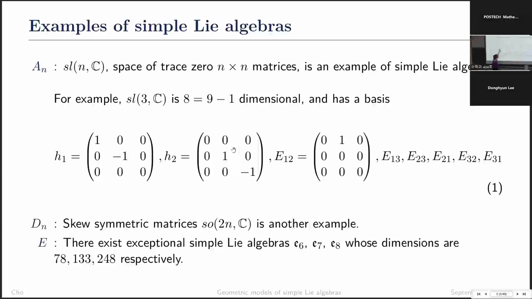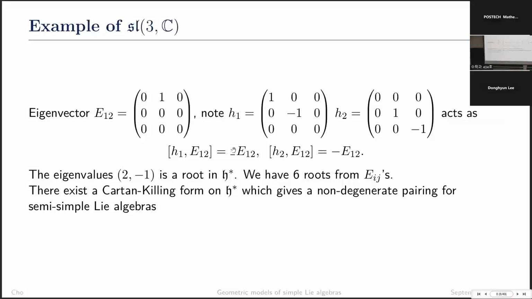this is the Cartan subalgebra, just the diagonal ones, and they act on here, and these are actually eigenvectors, common eigenvectors. You can take a bracket and check that they are eigenvectors. For example, for the case of E12, the bracket of H1 with E12 is twice E12, and if you bracket with H2, then it's minus E12.